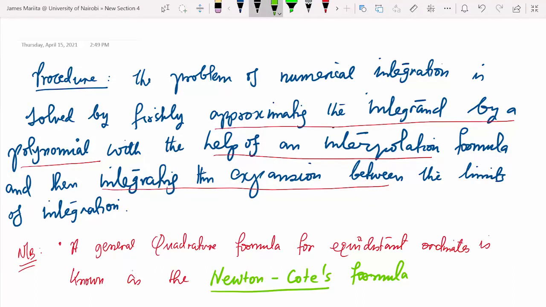If the points are equidistant, then we will be talking about the Newton Cotes formula.